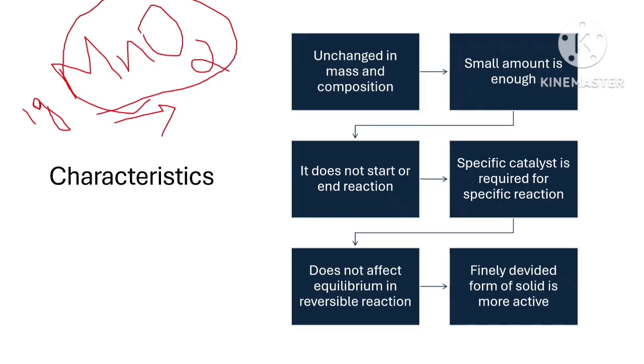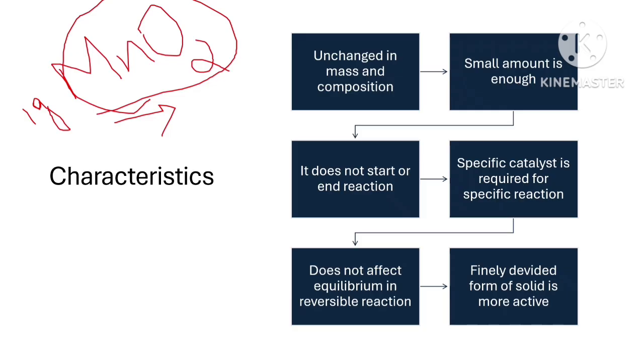For decomposition of hydrogen peroxide, I have taken manganese dioxide as a catalyst, right? This manganese dioxide will not act as a catalyst for oxidation of sulfur dioxide. Clear? For oxidation of sulfur dioxide, we have to use only nitric oxide. It means a specific catalyst is required for a specific reaction.